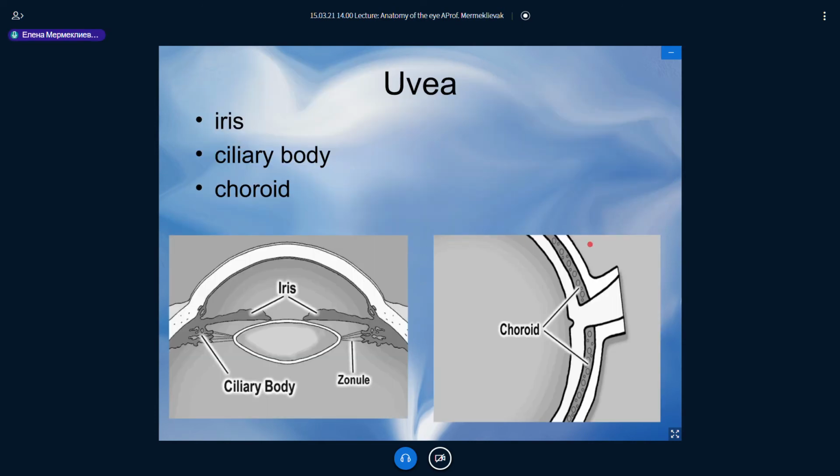The choroid consists of large, smaller, and very small vessels, choriocapillaries, and it consists of cells that have melanin, and this is the reason why we have a black camera inside the eye.